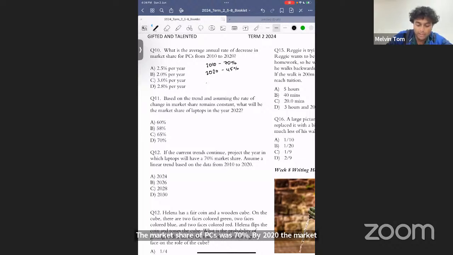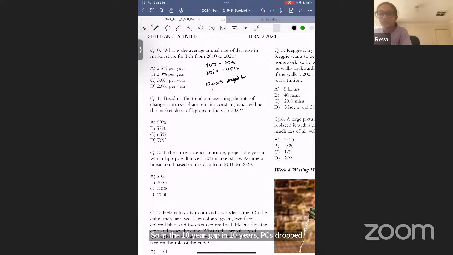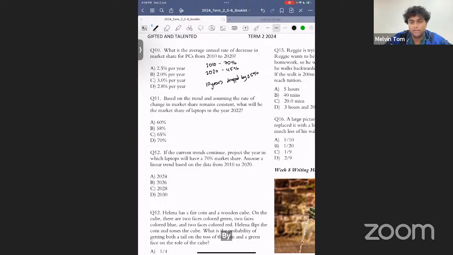So in 10 years, PCs dropped by 25%, right? So if it dropped by 25% in 10 years, it means that every year it decreases by 2.5%. Do you guys understand? If you have any questions, put them in the chat.